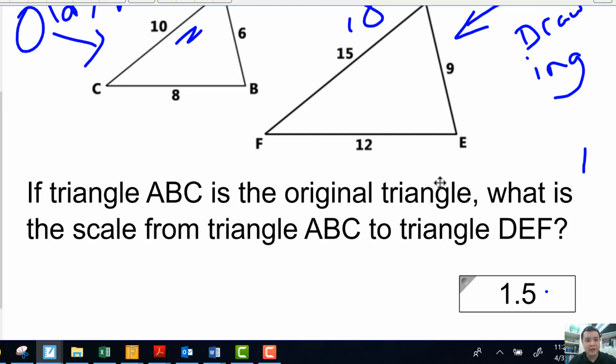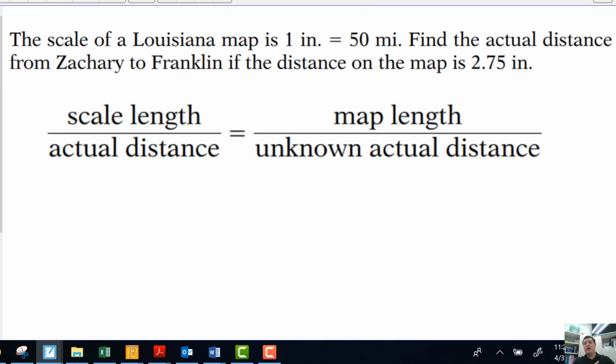Okay, now let's try another one. The scale of a map of Louisiana is 1 inch equals 50 miles. Find the actual distance from Zachary to Franklin if the distance on the map is 2.75 inches.